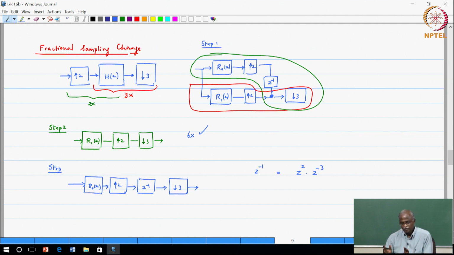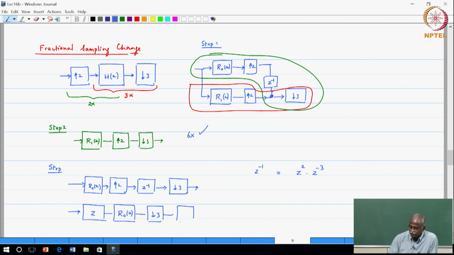So, then what you do is you swap these two around. So, rewriting it, what you should eventually get is Z up front, R naught of Z, downsample by a factor of 3, then upsample by a factor of 2 times Z inverse. If you can get to this point, then of course you can get another factor, already we got a factor of 2. So, you can get the factor of 3 savings and get the factor of 6.